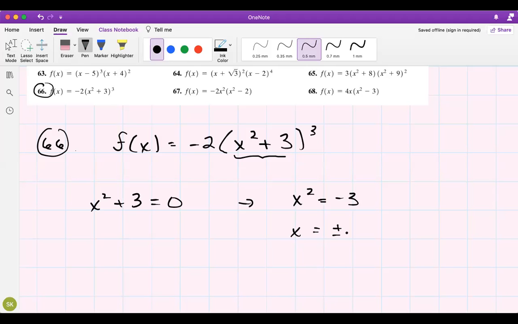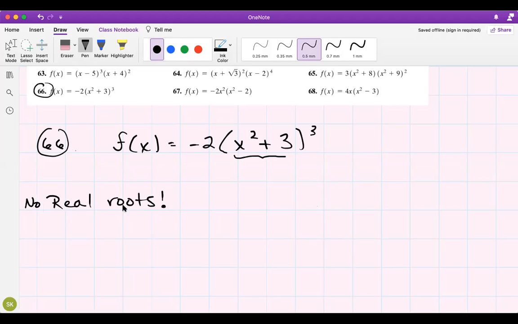And then when you take the square root, you get a negative under the square root, which means you have an imaginary root. Okay? On the real line, we can't draw imaginary roots. So that tells us that we're not going to cross the x-axis. Okay, so I'm going to write that here. We have no real roots. So we do not touch or cross the x-axis.